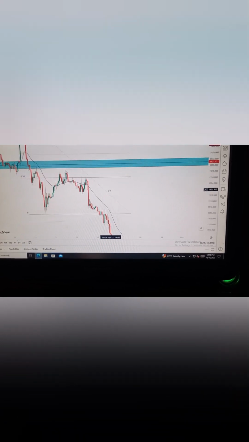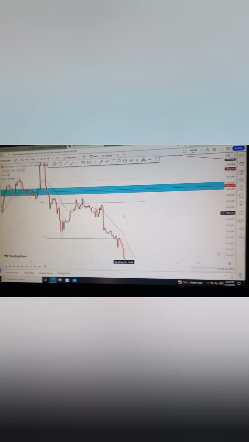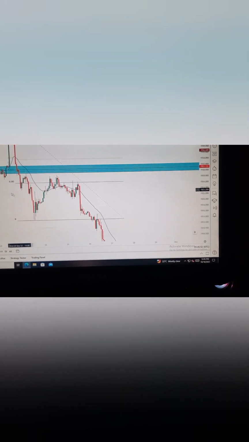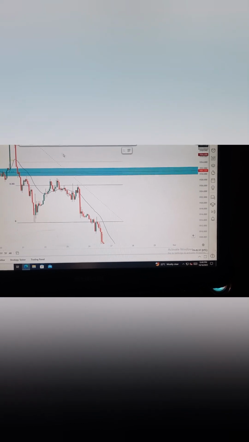And here you could have taken a nice sell, because you got the rejection at the 38.2 level. If you just go down to the 15 minute, you can utilize it for sniper entries.